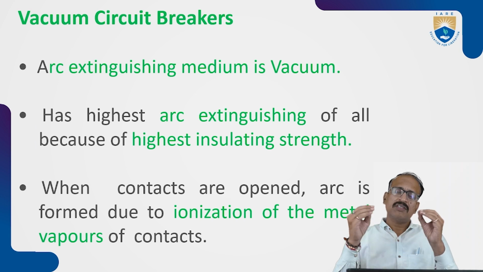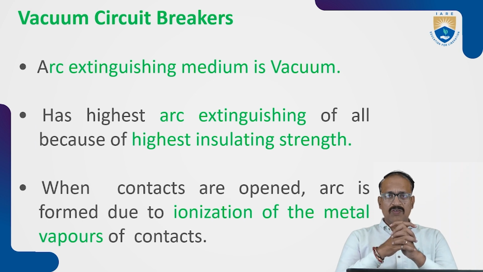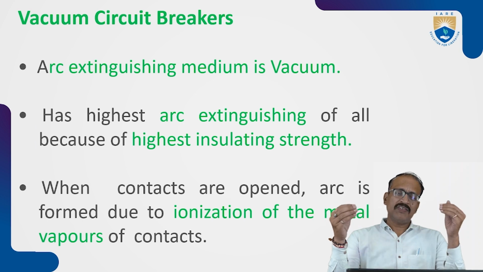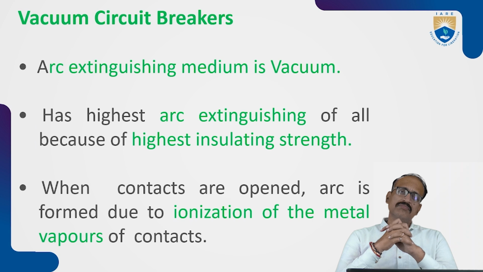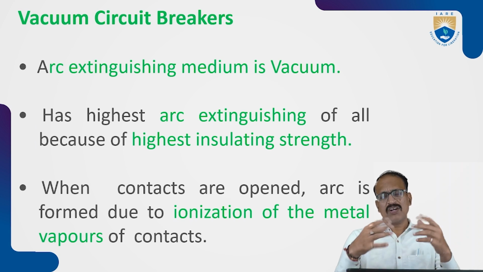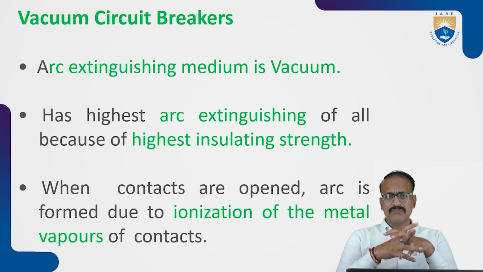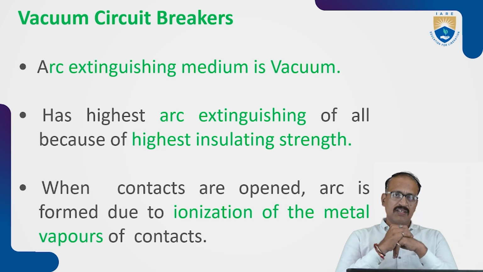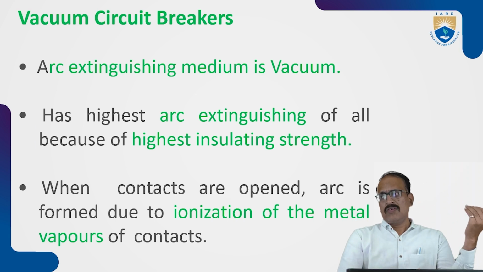So you may get a doubt: if vacuum itself is the medium, why does the chance of restriking the arc still exist? Vacuum means nothing is there, whereas air means air is there.